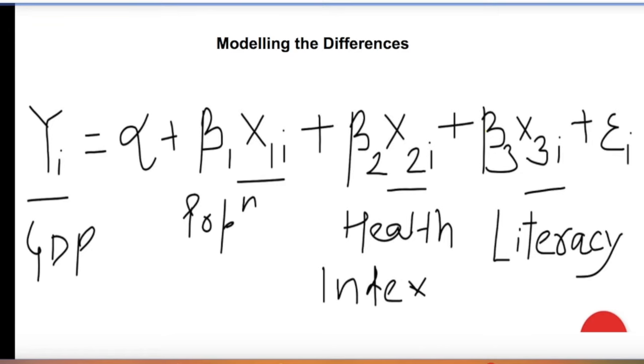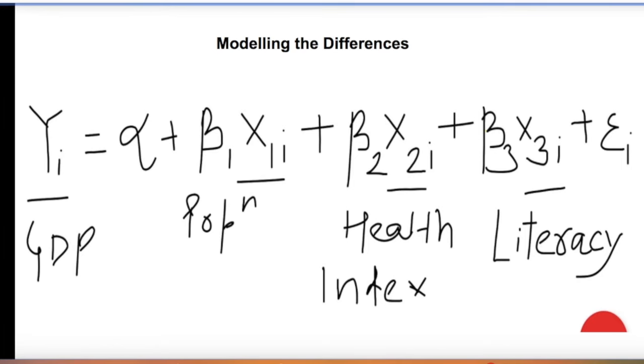Suppose you have some variable x4 which explains only a part of GDP, but you have missed out on some x5 which explains a huge part of GDP. So a good model would represent a lesser number of independent variables. By lesser I don't mean 3 or 4, but relatively lesser, with those variables explaining a majority part of the GDP.